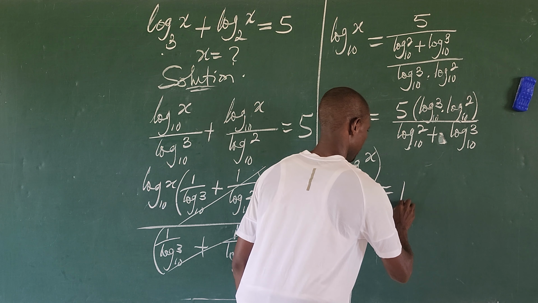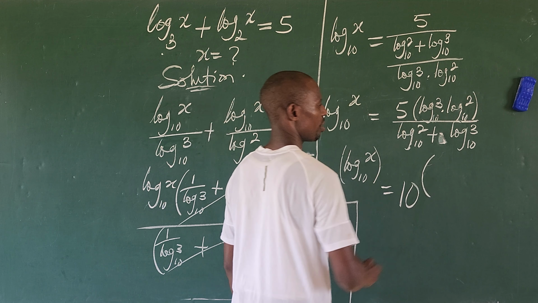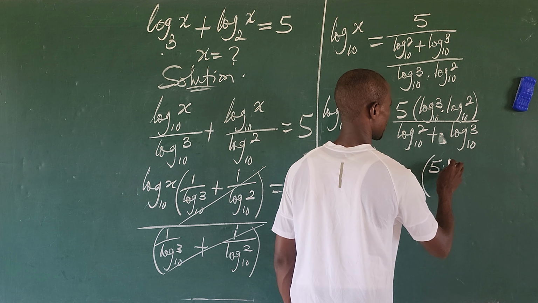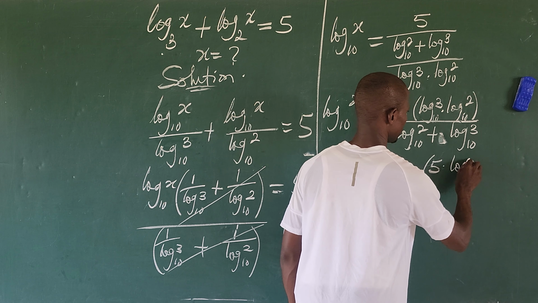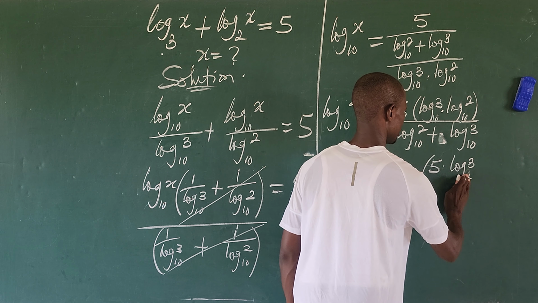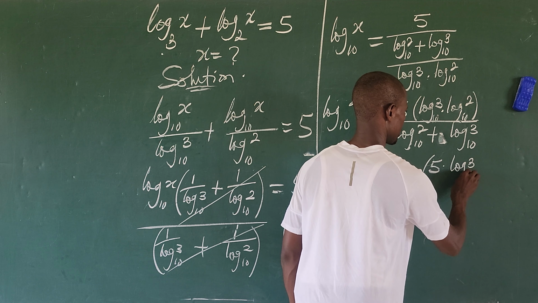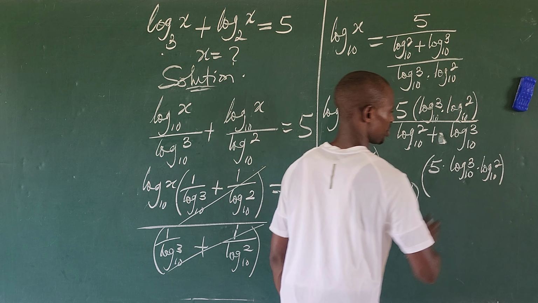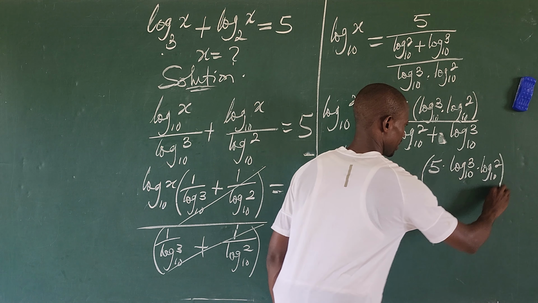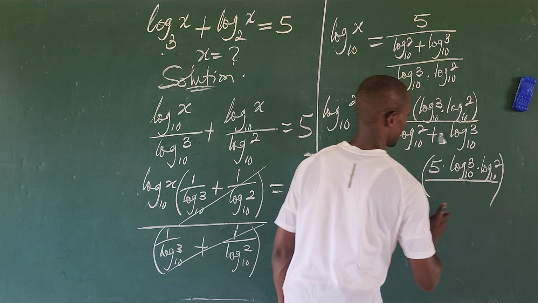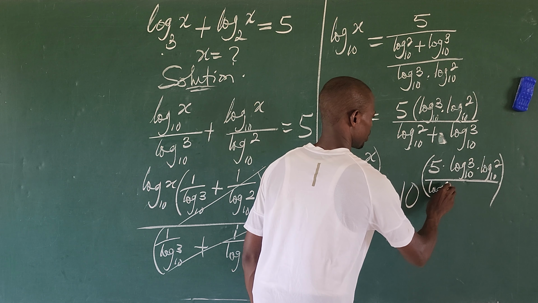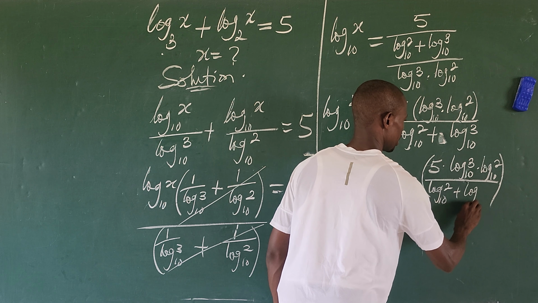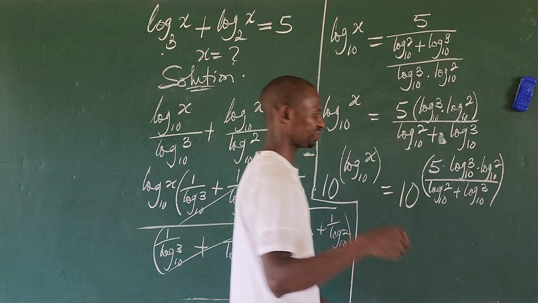So this is going to give us 10 as the base number, all raised to 5 times log 3 base 10 times log 2 base 10, close bracket, all over log 2 base 10 plus log 3 base 10.